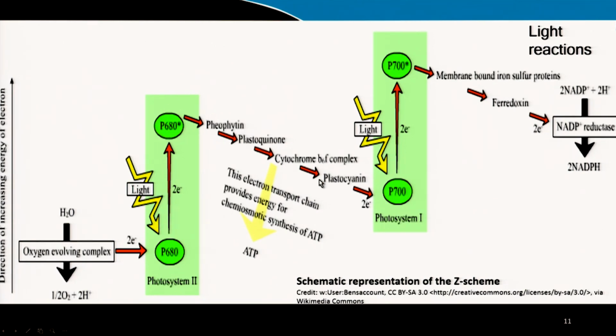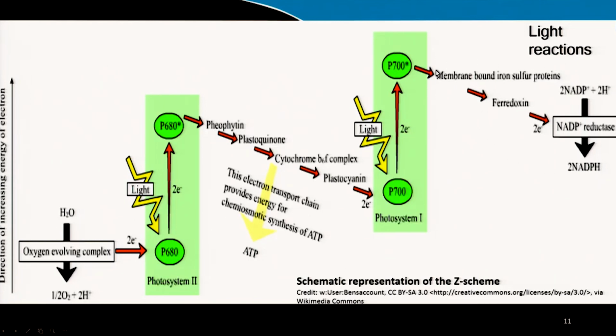They pass through all of these cytochromes and quinones, which are collectively called the quinone pool, and these electrons then hit P700, photosystem 1. Again, more light energy is utilized at this point. The electrons are further excited, and unlike anoxygenic photosynthesis, they are not recycled back to photosystem 2. Instead, they are transferred to NADP+ to form NADPH.